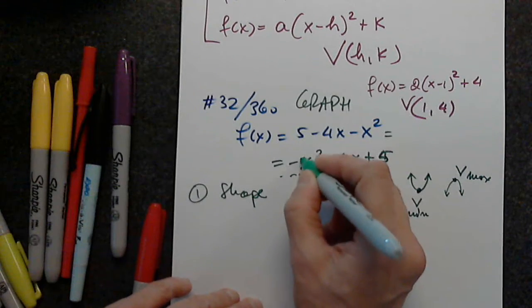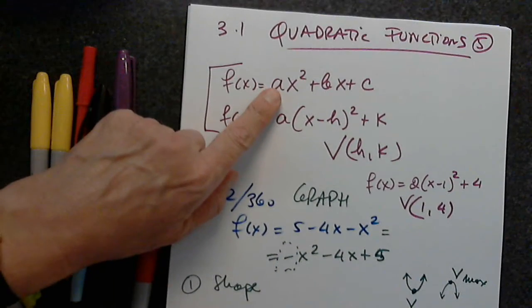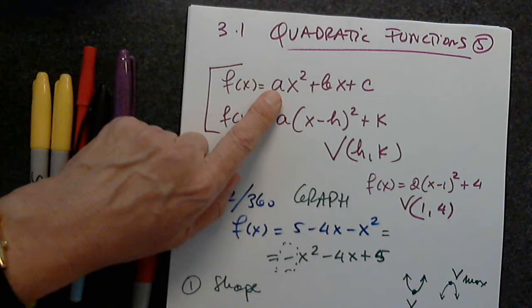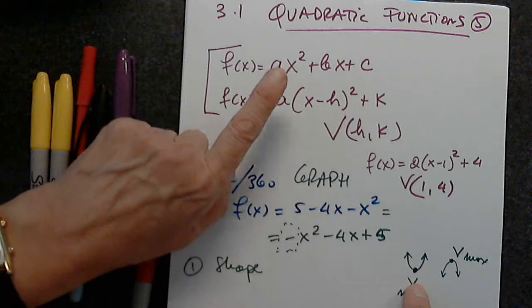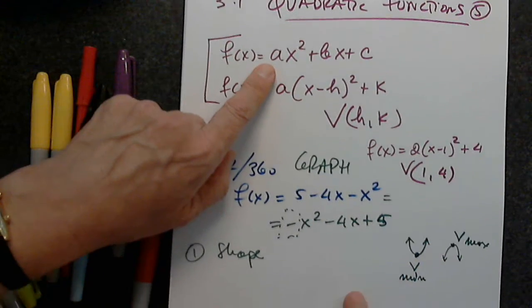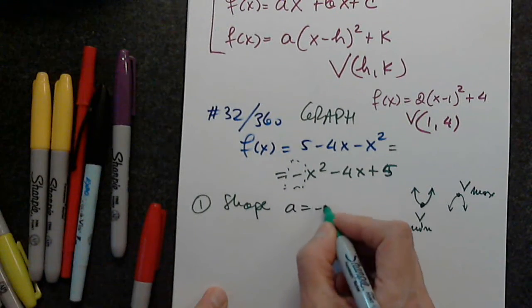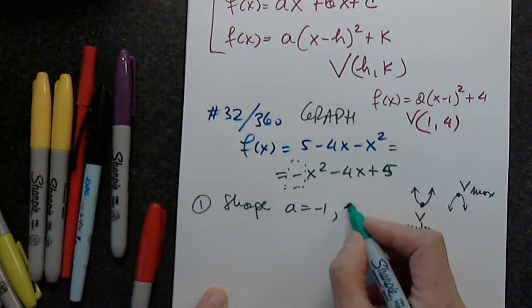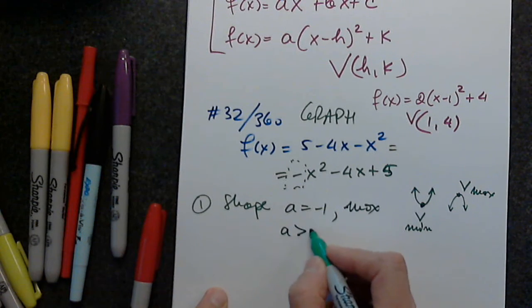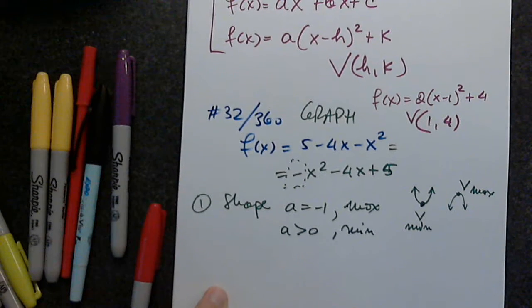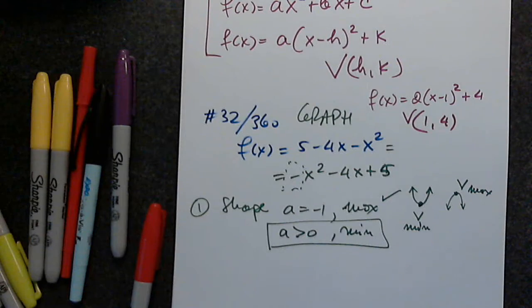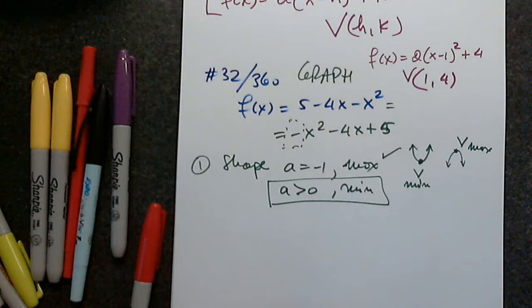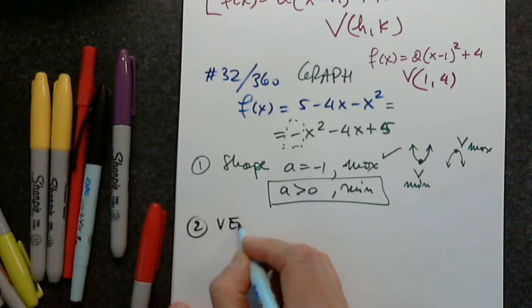The leading coefficient tells us. If the leading coefficient is positive, the function has a minimum. If a is negative, the function has a maximum. So a equals -1, max. When a is positive, min. So this is not our case. This is our case. Because the leading coefficient is negative. In step 2, I will have to find the vertex.